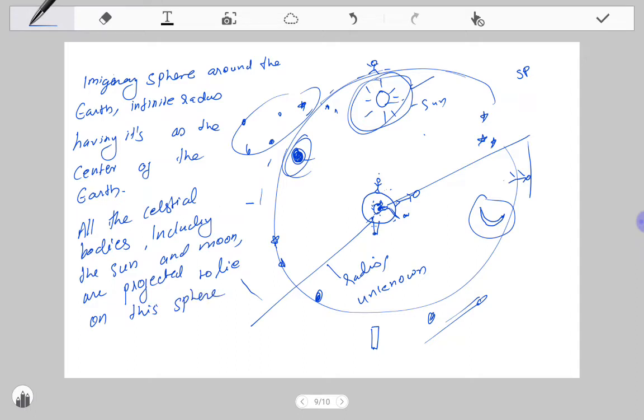Okay, so this is the explanation and definition of the celestial sphere. I hope you guys understood what is the celestial sphere. Now next topic. What is our next topic? Celestial poles.